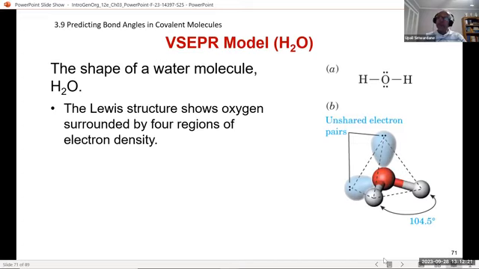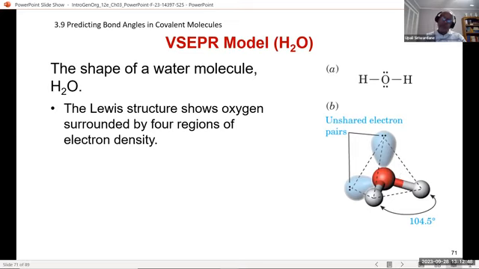There are 4 electron pairs in the Lewis structure, shown here on the top. So the 4 electron pair distribution is tetrahedral. 4 electron pairs include 2 lone pairs and 2 bonding electron pairs. They repel each other.